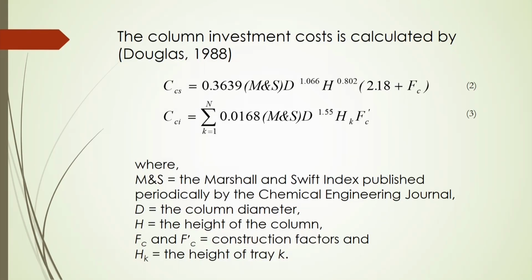M and S represent the Marshall and Swift index that is published periodically by the Chemical Engineering Journal, D is the column diameter, H is the height of the column, FC and FC dashed are construction factors, and Hk refers to the height of tray k. So, from these two equations you can calculate the column investment cost.